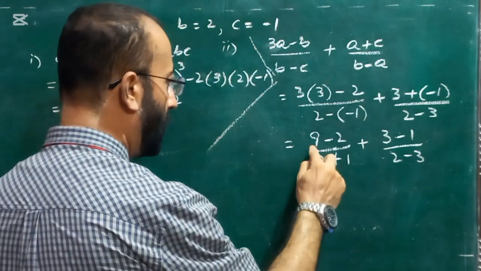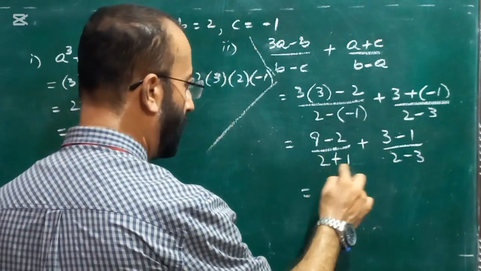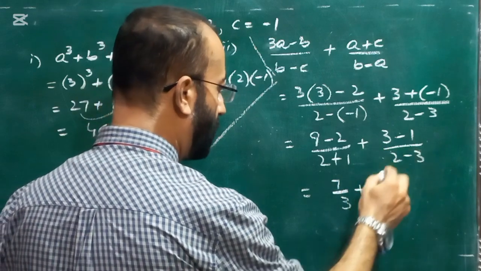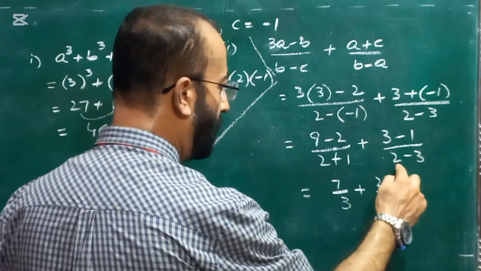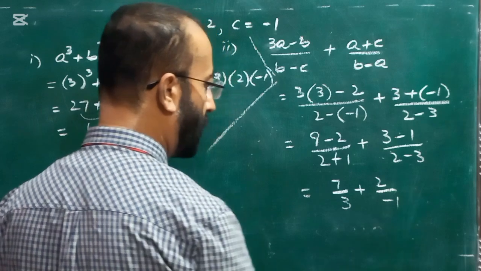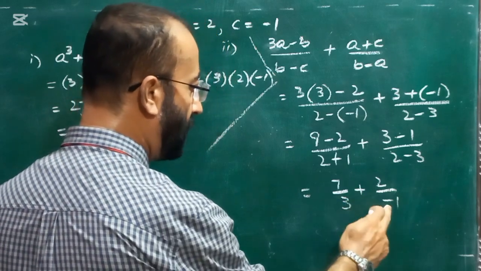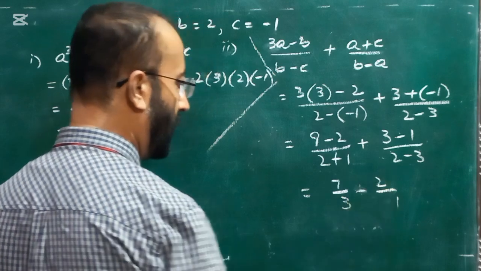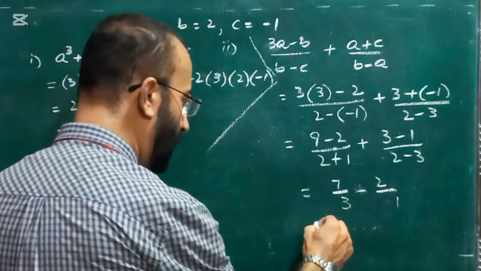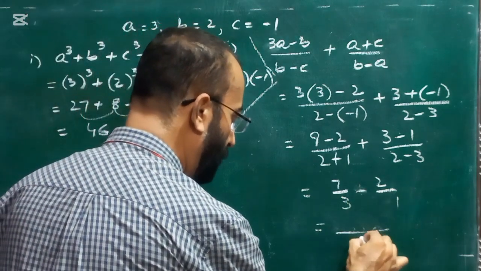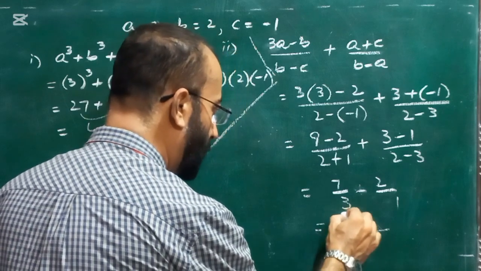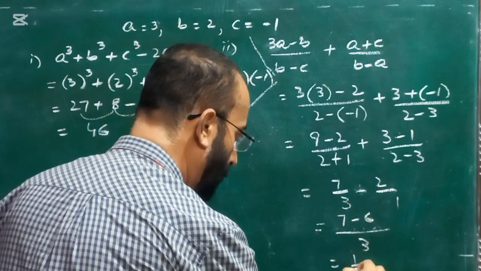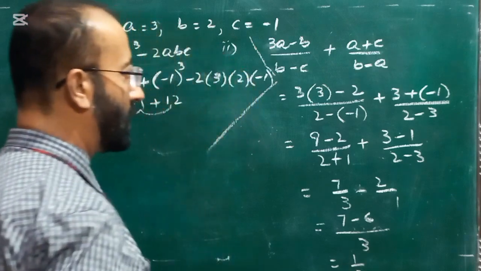From here onward, 9 minus 2 is 7, 2 plus 1 is 3, plus 3 minus 1 is 2, and in the denominator 2 minus 3 is minus 1. So this plus over minus will become minus again. So take the LCM here. 3 will be the LCM. So 7 minus 6, and 1 by 3 is the answer.